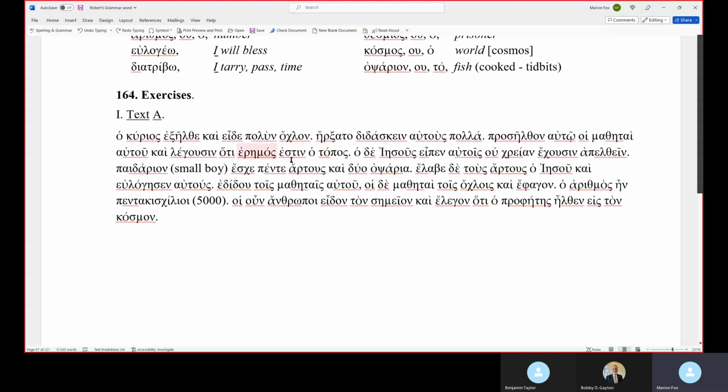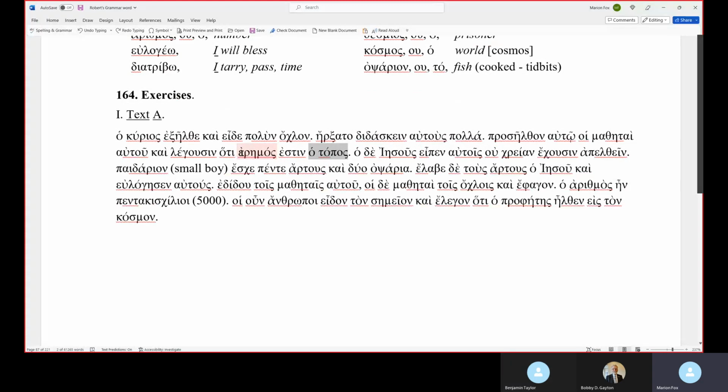The desert, the place, and this is your subject because it has the article. And this right here is a predicate adjective: the place is a desert. That's why it's backwards to us. Because this has the article, it's the subject in the nominative case.